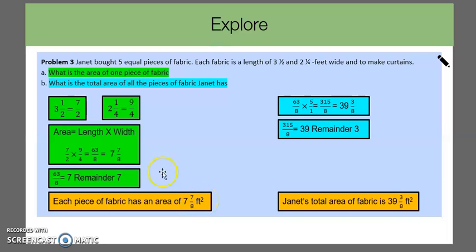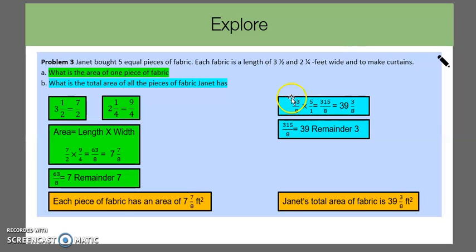Now for our second part of the problem, what is the total area of all the pieces of fabric Janet has? So since we know one fabric is 7 7/8, we just need to multiply that by the 5. So when we're multiplying it, it would be easy to convert the 7 7/8 back into an improper fraction so we can multiply it easily.